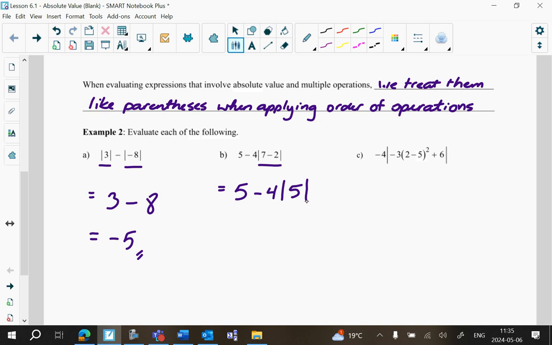Now the next step, I have to do the absolute value before doing the other stuff. So the absolute value of 5 is 5, but instead of writing absolute value bars, I put parentheses now because it's being multiplied by the 4.